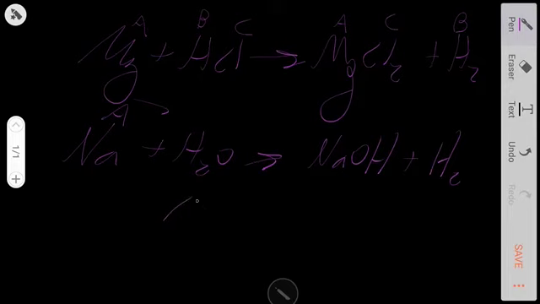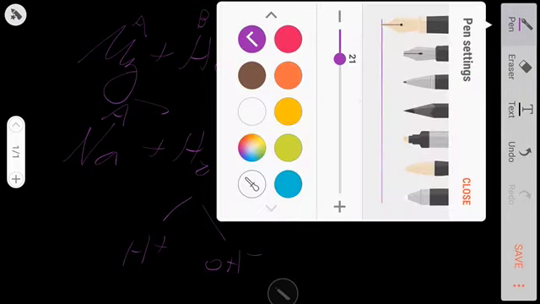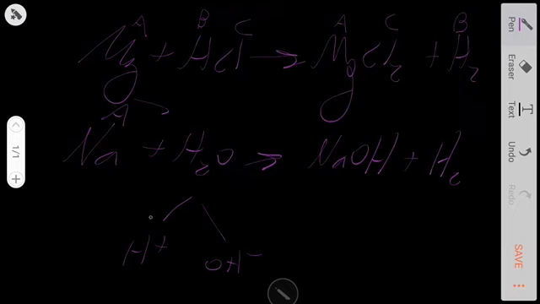I told you guys always to look at H2O as H plus and OH minus. So we have A, B, and we'll say that's C. So B and C are together here. But now A and C are together here, and B is kicked out. Both of these are single replacements.